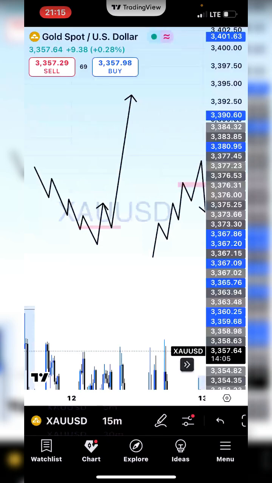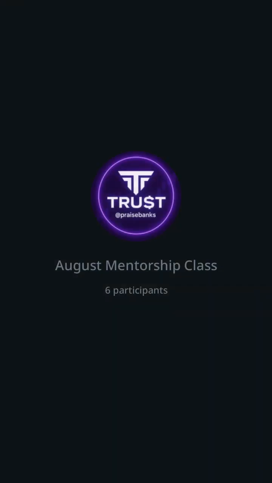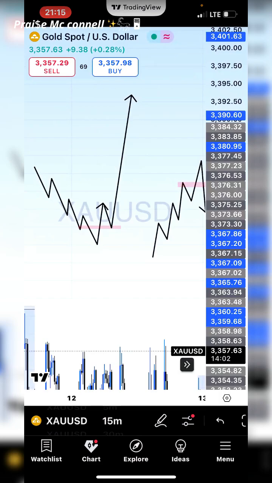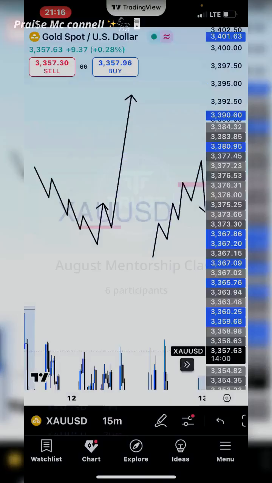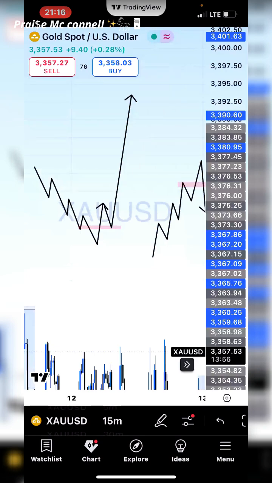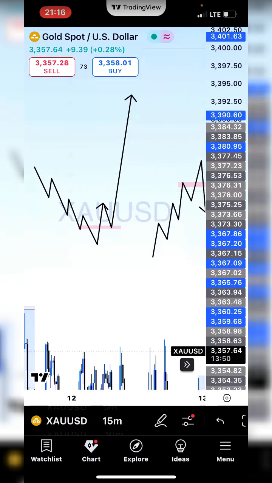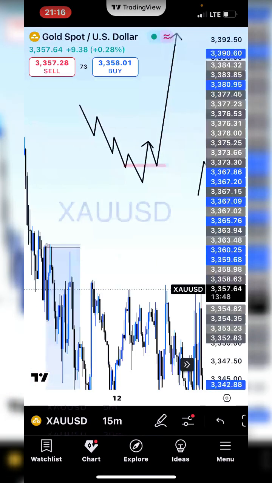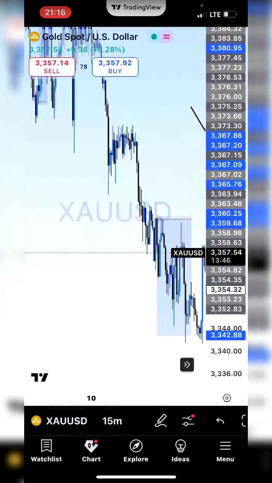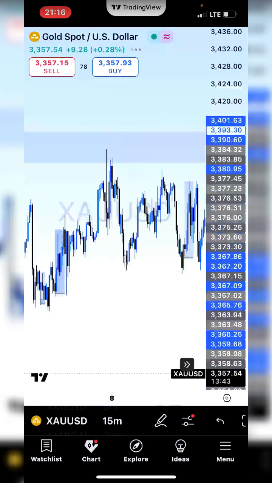I'll just show a few examples, then I'll move on to the next pattern. So go to the charts. Let's see whether we could find an example here. So yeah, I'm seeing one here.